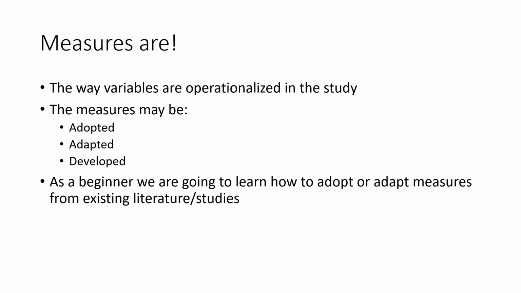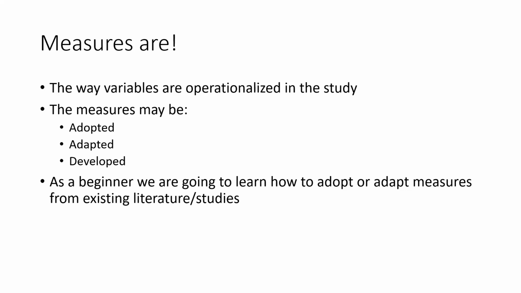Adopted measures are those used by the researcher without making any change in them. Adapted measures are those that are a bit changed; the researcher changes them as per the requirements of the study. And developed scales are those developed by researchers.